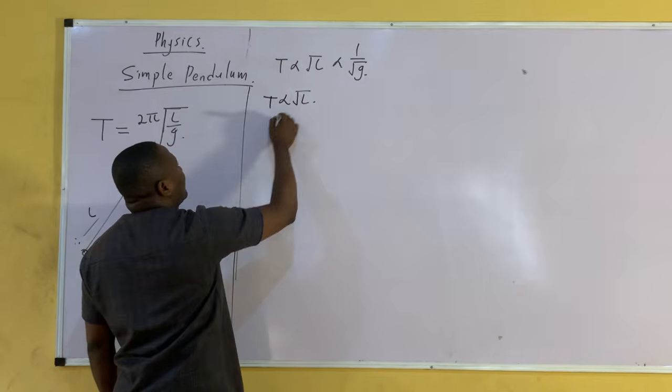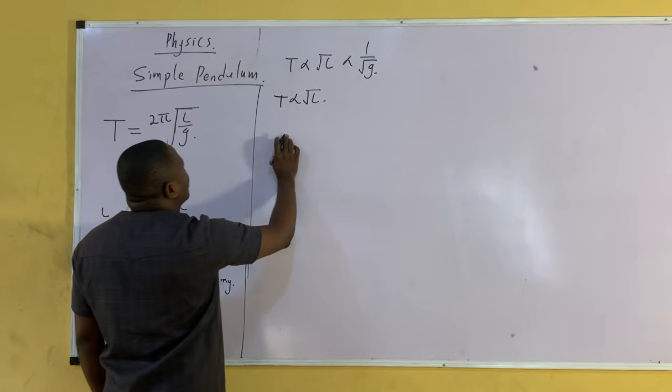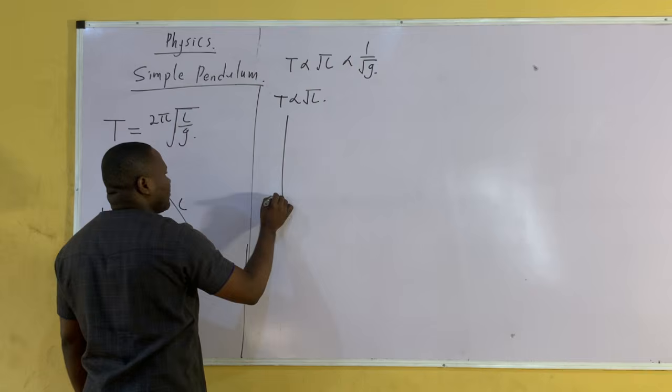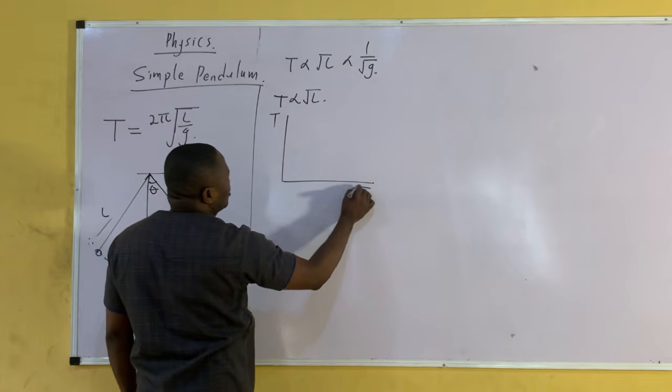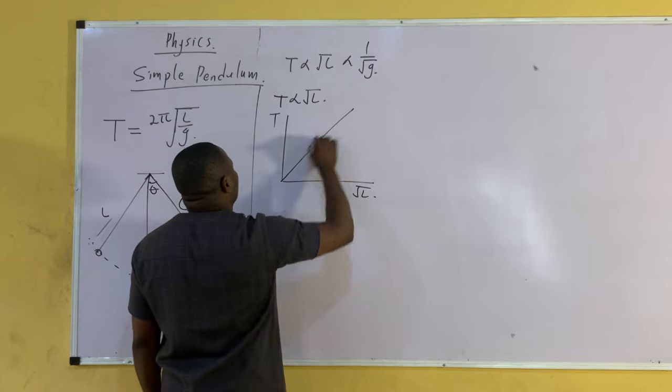Square root of L. Now, if I want to solve this, it means that I can plot a graph of T against square root of L, and this is a straight line graph.